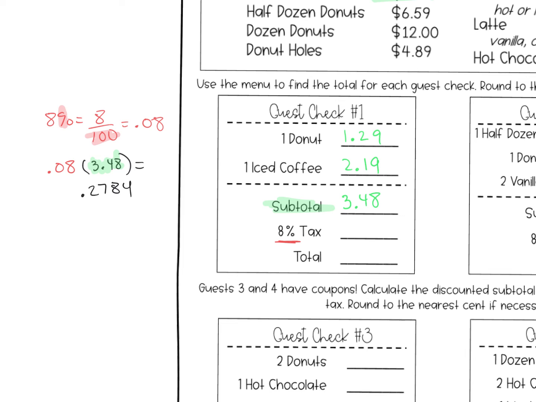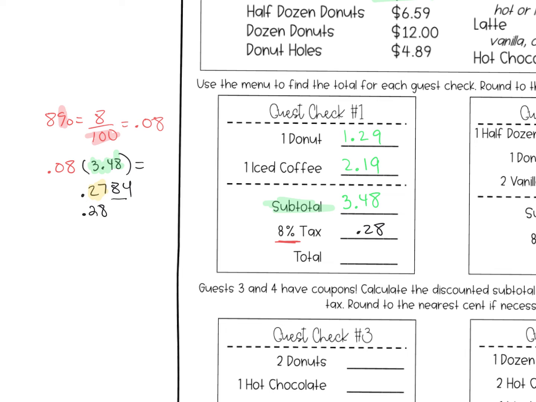All right. Nobody talks about money like that. When you are talking about money, you are only referring to the nearest penny. So if there's anything that occurs after, you're always going to round it up. So this would be 0.28. All right. So that means that the total amount of tax is 28 cents.